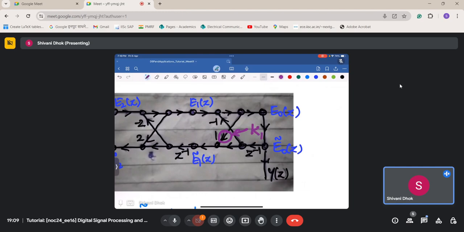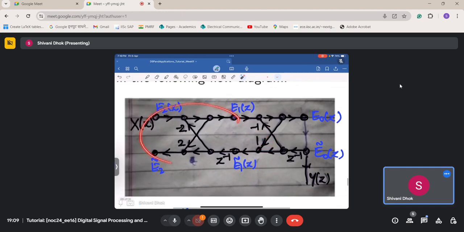So for the first stage it will be k1, and whatever goes up is minus kn. So if you observe these gains, this particular thing will be my k1 and this will be my minus k1, which clearly says that k1 will be equal to 1.